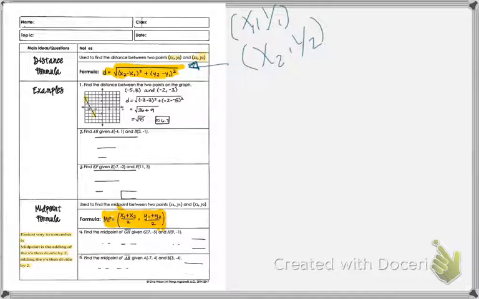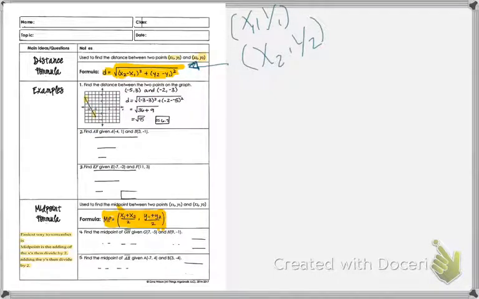Yes, these are given to you, so if you go 1, 2, 3, 4, 5, that's negative 5, and then the y, 1, 2, 3, so comma 3. If I'm looking for this one down here, it's 1, 2, negative 2, and then it went down 1, 2, 3, negative 3. That's how they got those two coordinates.